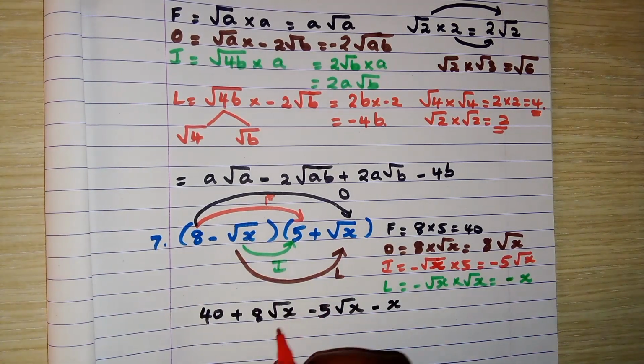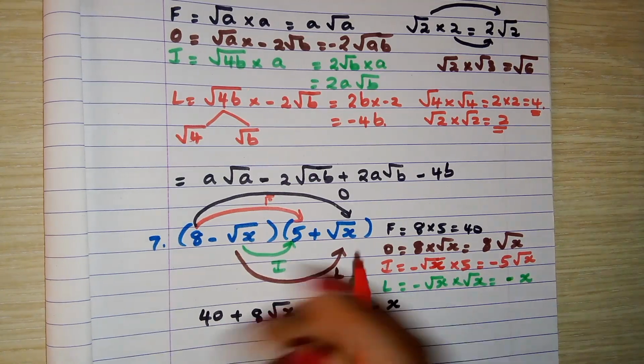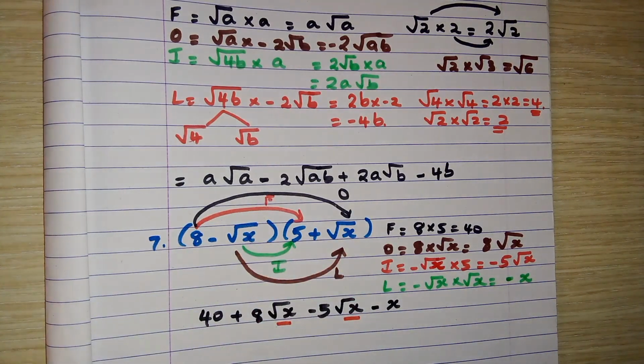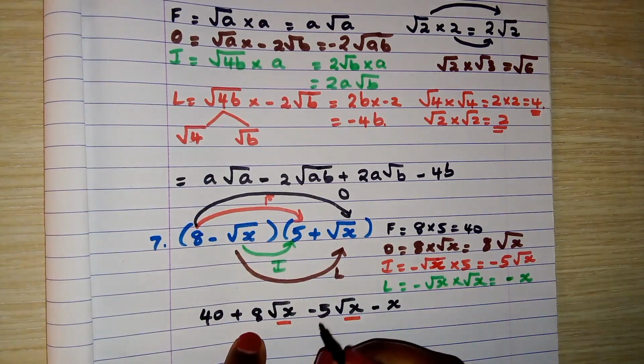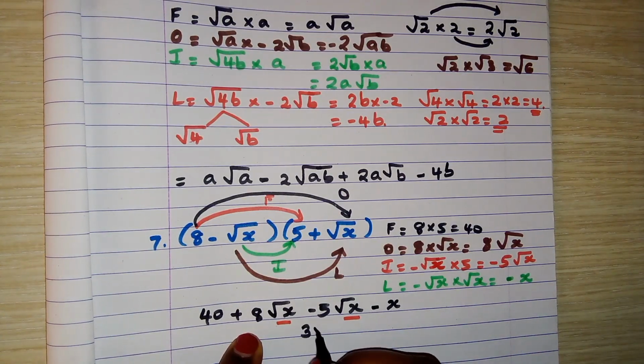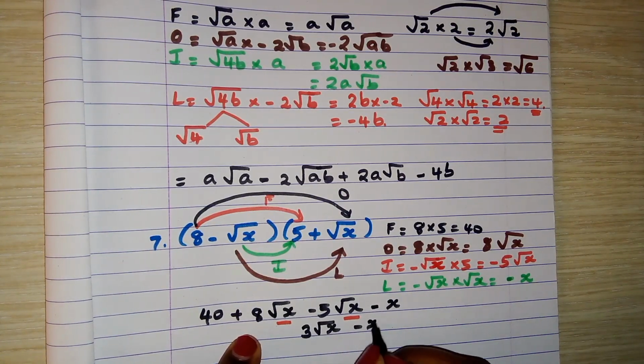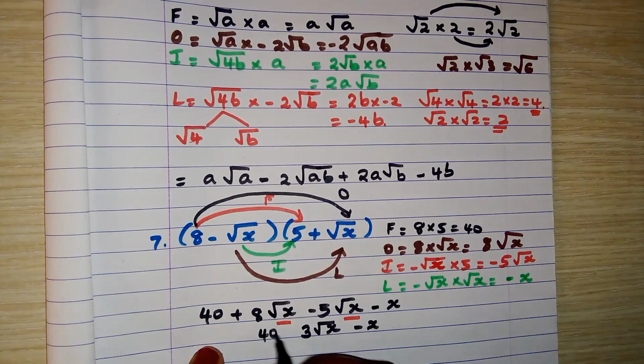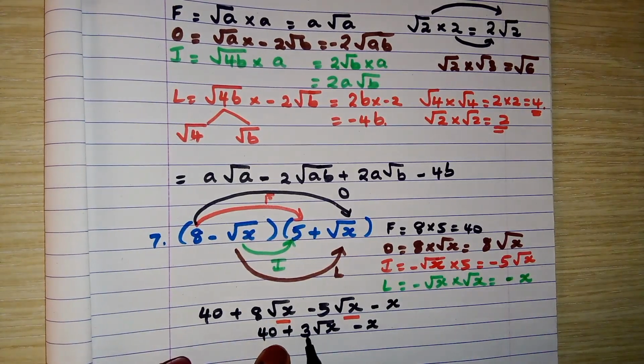Like terms together, we have root x and root x. So 8 minus 5 would be 3 root x minus x, and then 40 here. So 40 plus 3 root x minus x.